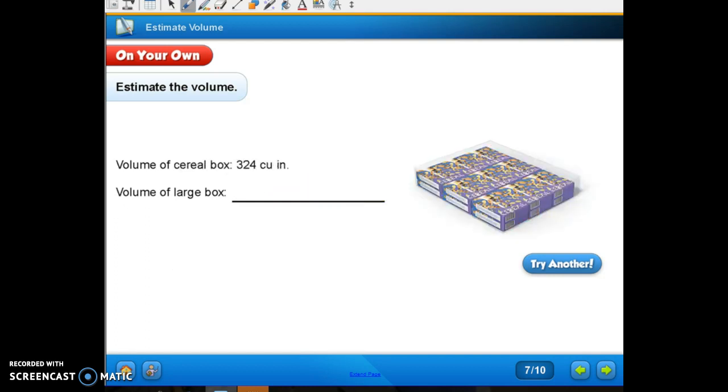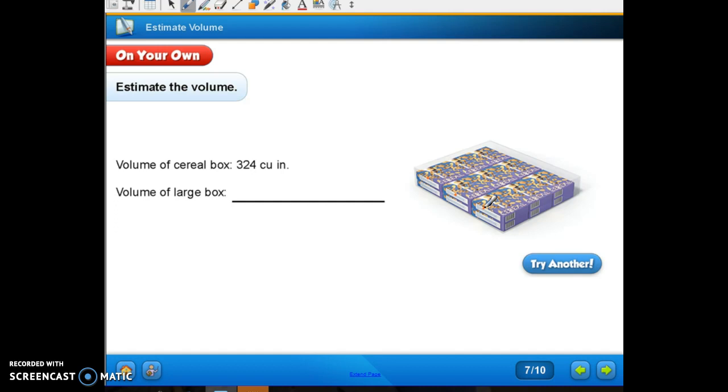Here's one more. This is number 6. Count our cereal boxes. Let's count the layers. There's 3 in each row. Yes. So there's 3 rows of 3. So there's 9 in a layer.